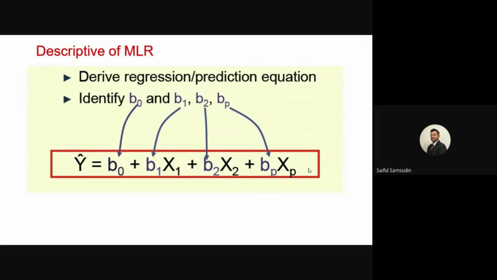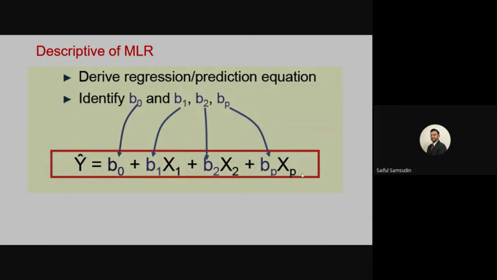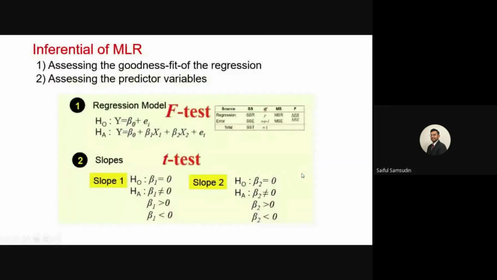Okay, so descriptive of MLR: derive the regression and prediction equation. How to identify B0, B1, B2, and BP. So information of MLR, assessing the goodness of fit of the regression.